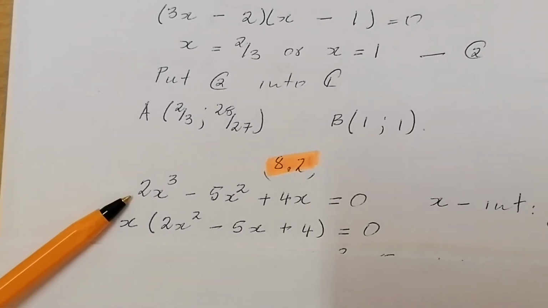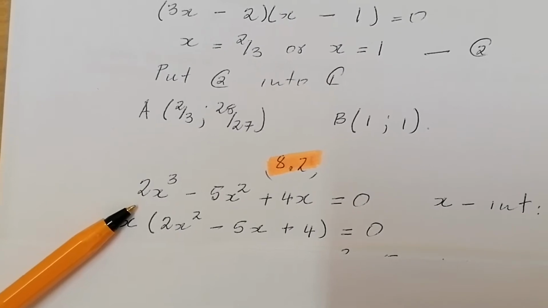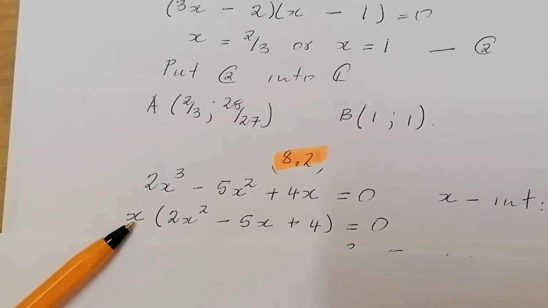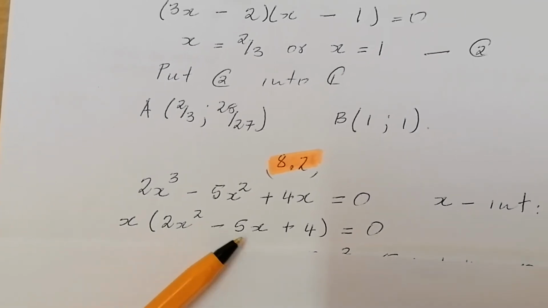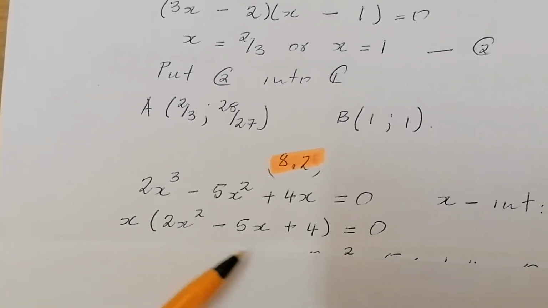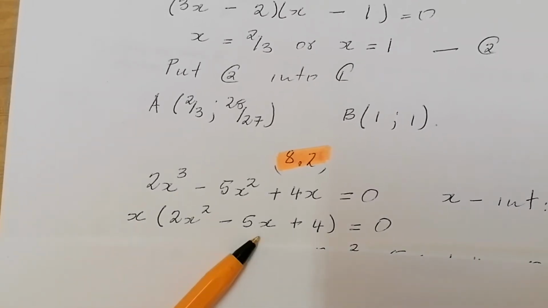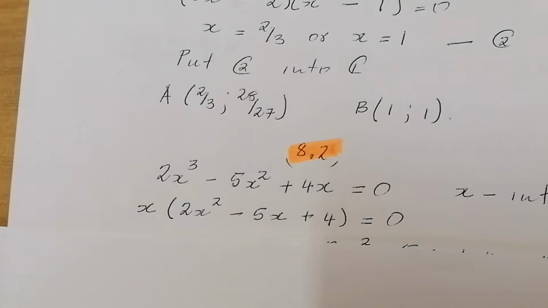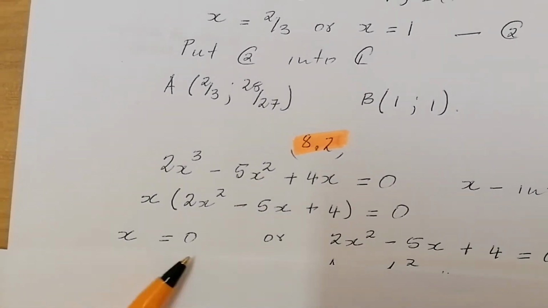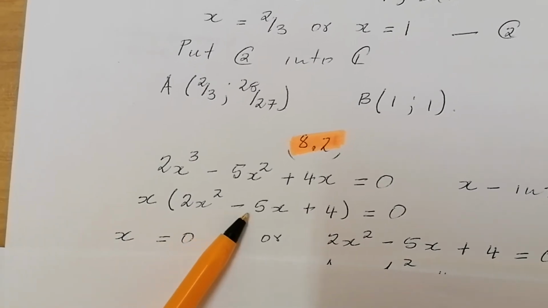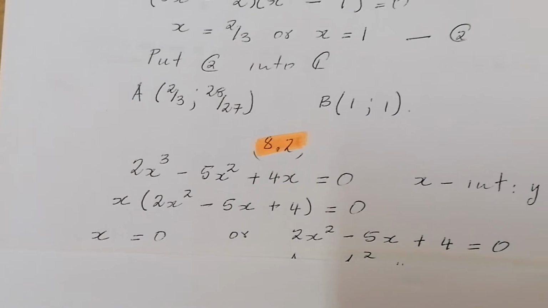Now, moving on, what did I do? I factorized this by removing the highest common factor, and in this case the highest common factor is x. Then I'm left with 2x squared minus 5x plus 4. Now, if I multiply this by that and I get 0, it means x is equal to 0, or what is inside the bracket is equal to 0.